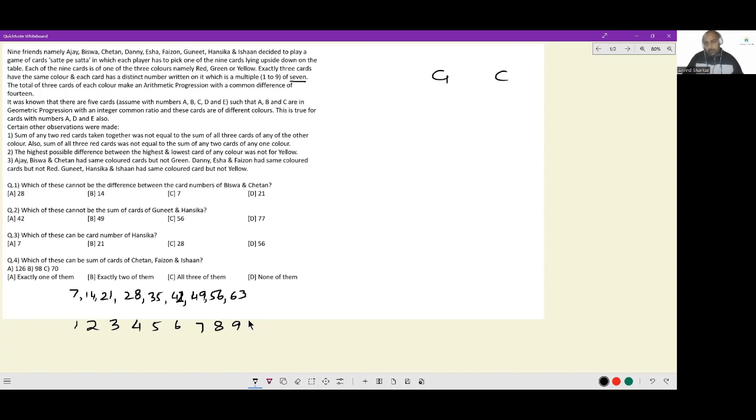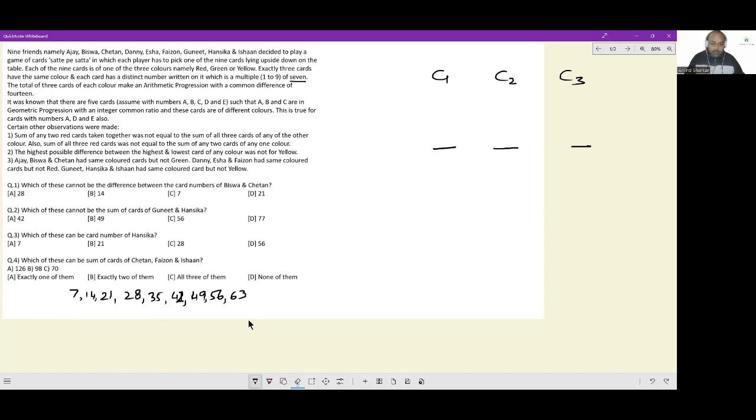I'm saying color 1, color 2, and color 3. Their summation should make an AP with a common difference of 2, not 14, because every card is a multiple of 7. Right now they're saying 14, but it actually means 2 because you have to divide it by 7 if you're dealing with these numbers.